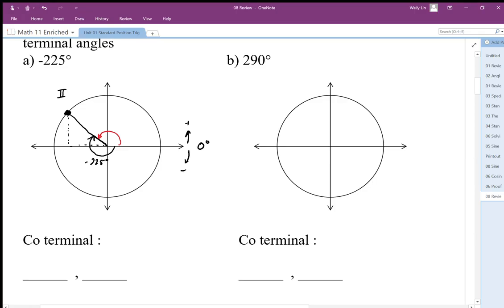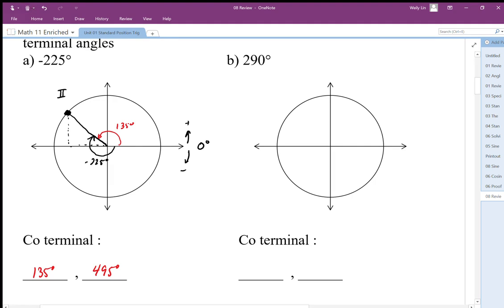And basically, if we add 360 to negative 225, we're going to end up with 135 degrees. That represents a coterminal angle. So coterminal is not theta 2 and theta 1. It's the same position using a different angle. Okay, and if I add another 360 degrees to that, I'm going to end up with 495 degrees. So that would also be a coterminal angle.